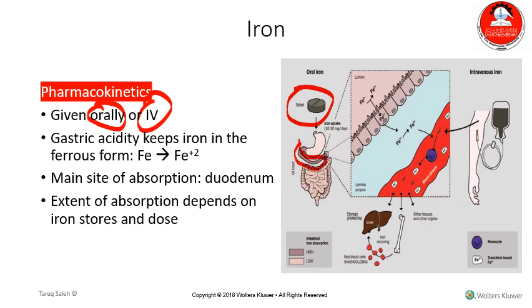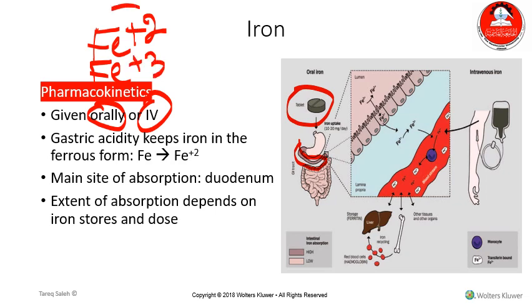Acidic conditions in the stomach help keep iron in the reduced form. Okay, so iron exists in two forms, either the ferrous form, okay, which is the reduced form, or the ferric form, which is the oxidized form, okay?